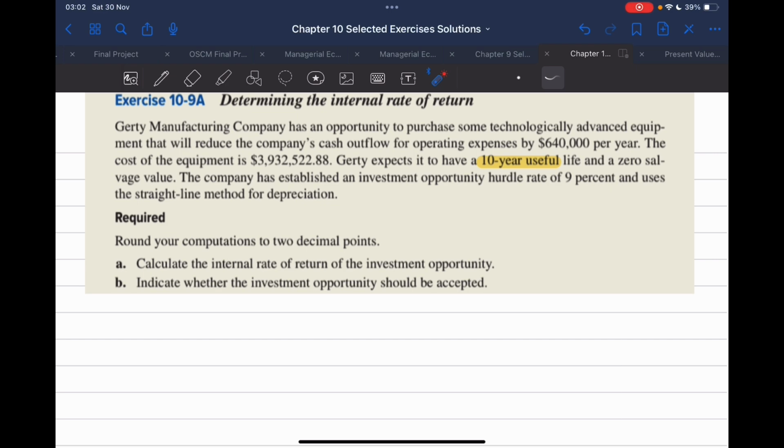We can simply do it by reverse engineering our formula. Let me quickly remind you of our formula first. The present value of annuity is equal to the payments multiplied by the present value interest factor of annuity, which is presented in table 2.